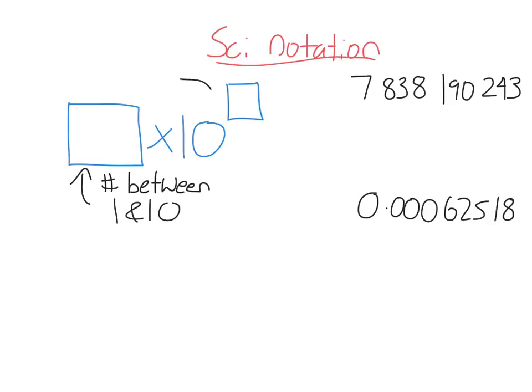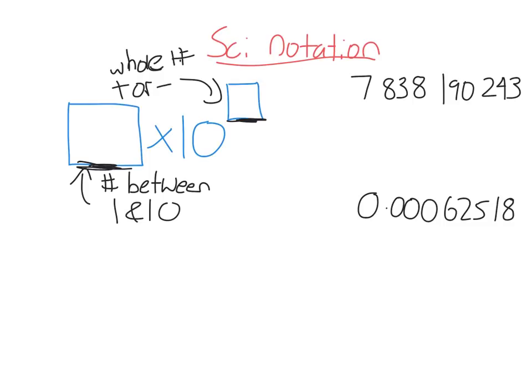What goes in the second box up at the power is a whole number, and that whole number is positive or negative. Sometimes it will be positive, sometimes negative, and I'll show you how to fill in those boxes in a second. The idea is we put the first few digits here, and then we put a number here that tells us how many digits there are, and that allows us to tell what the number is around about very easily.